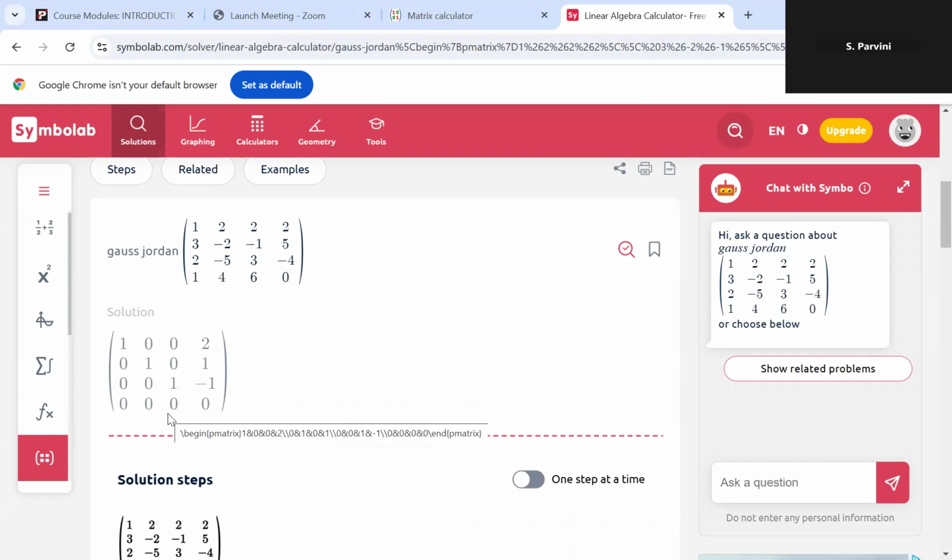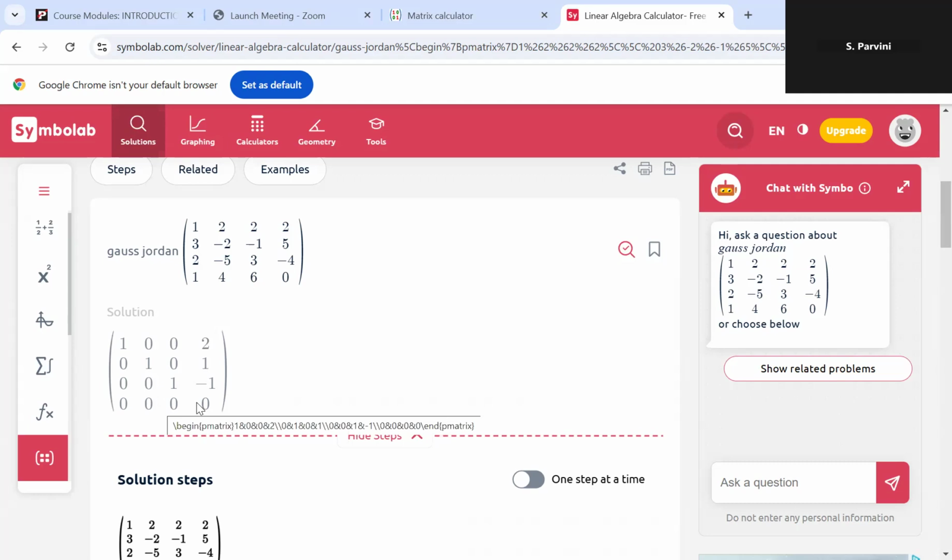In this case, 3 unknowns, I need 3 independent equations. I had 4. So that means one of them is a linear combination of the others. And that's what this last row indicates, right? 0, 0, 0, 0 means you had 1 redundant equation.